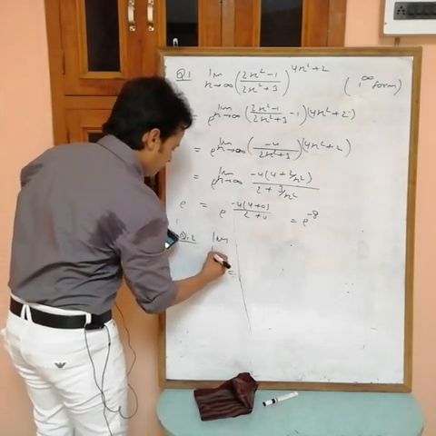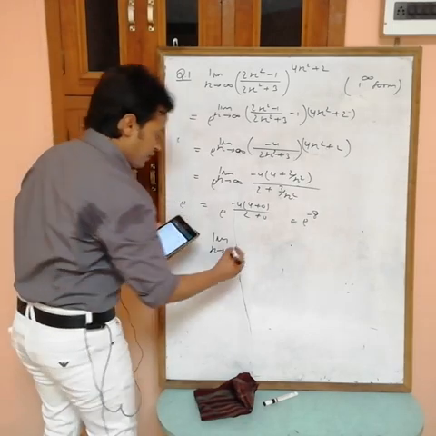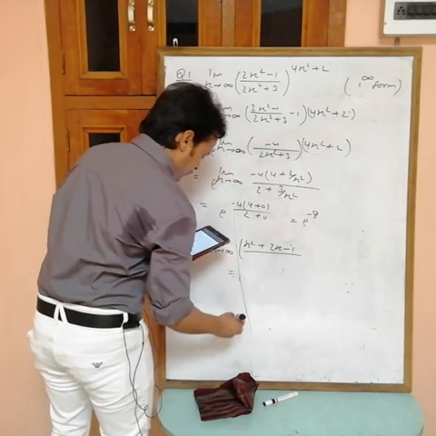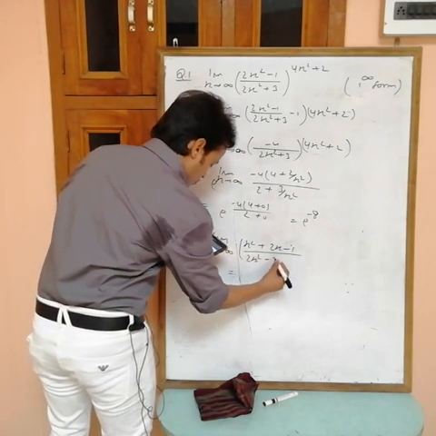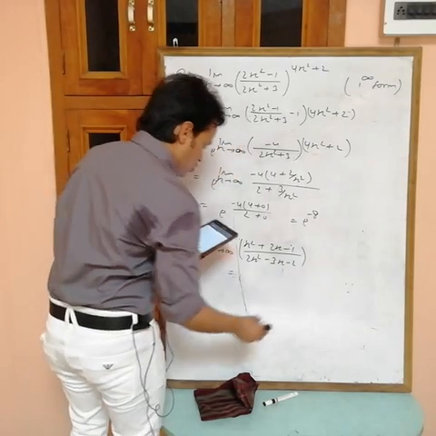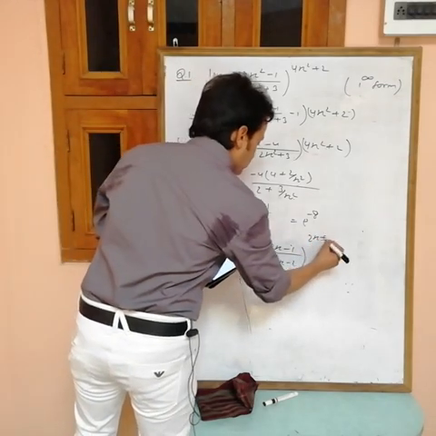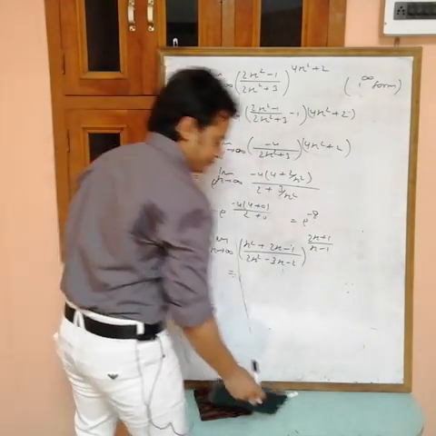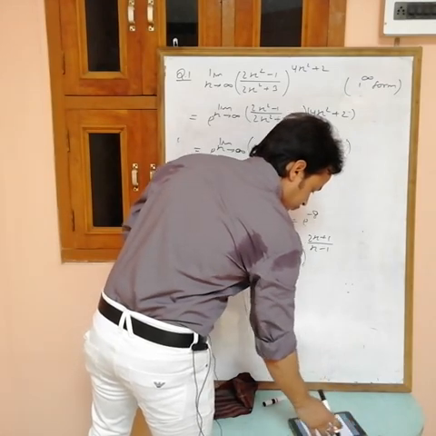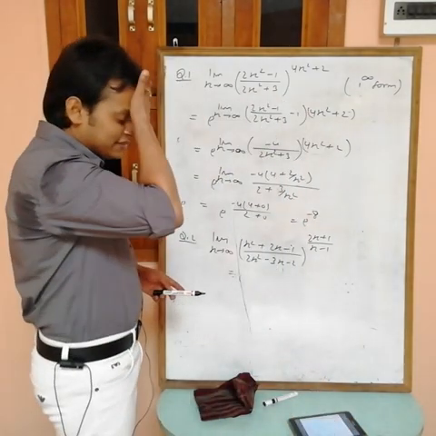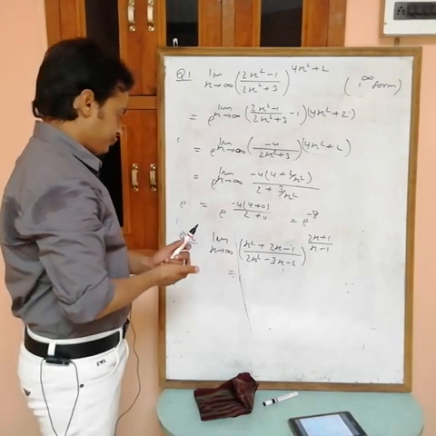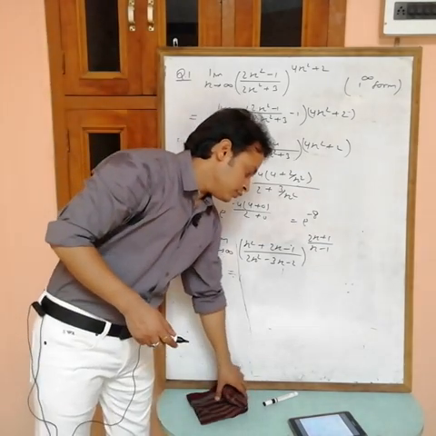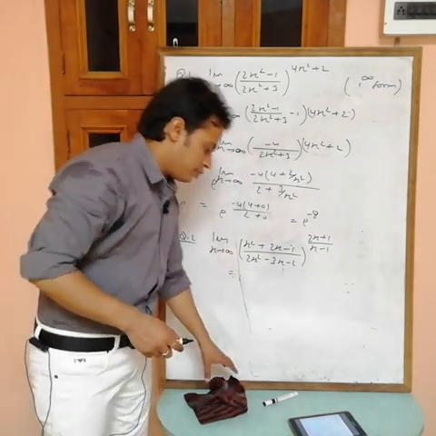This is also similar. Limit x tending to infinity of ((x² + 2x − 1)/(2x² − 3x − 2)) whole power (2x + 1)/(x − 1). Sorry, is this a 1 power infinity form?